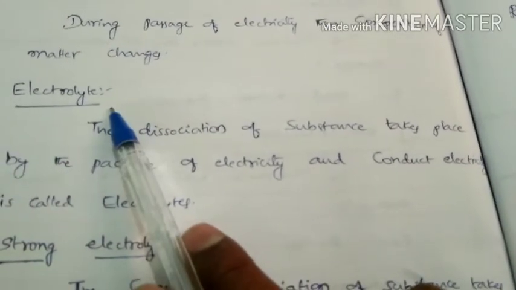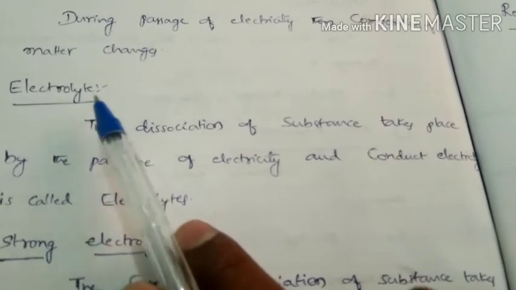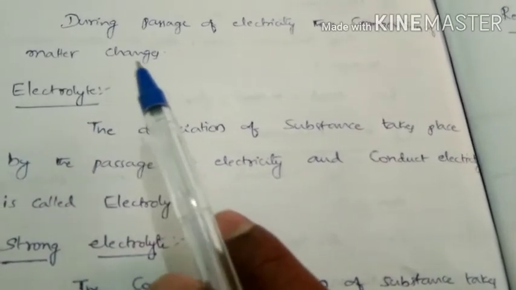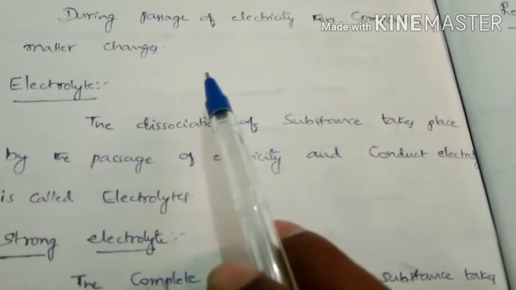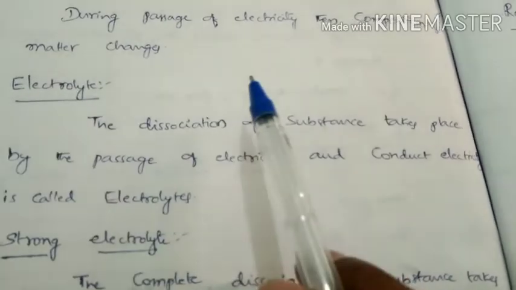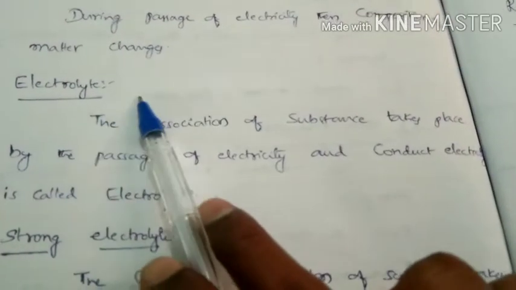So the electrolyte definition is, if you take any substance, when electricity is passed through that substance, if that substance undergoes dissociation while exhibiting conductivity, then that substance is considered an electrolyte.